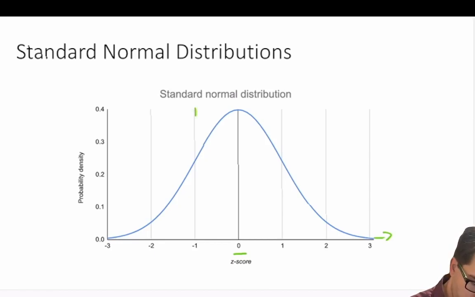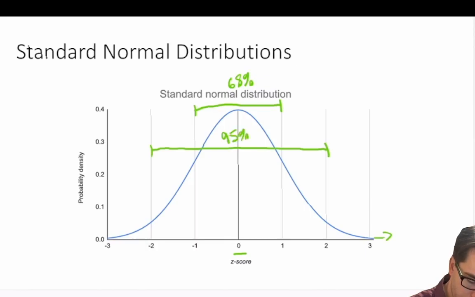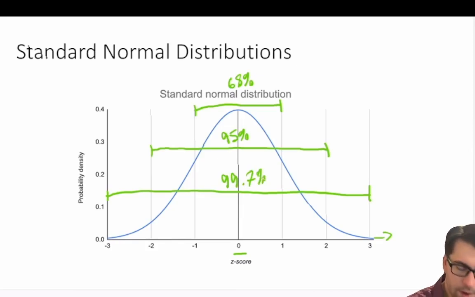So within plus or minus 1 standard deviation of the mean, we see our central 68% of our observations. Within minus 2 and positive 2 standard deviations, we see 95% of our central observations. And between negative 3 and positive 3 standard deviations, we see 99.7% of our observations.